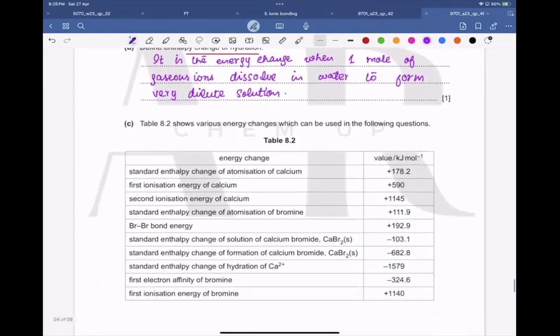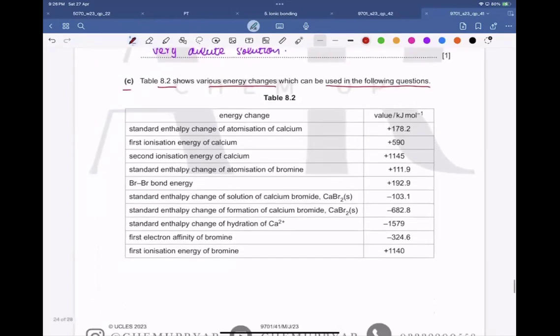Okay. Now, C part. Table 8.2 shows various energy changes which can be used in the following question. Atomization of calcium. First ionization energy of calcium. Second ionization energy of calcium.